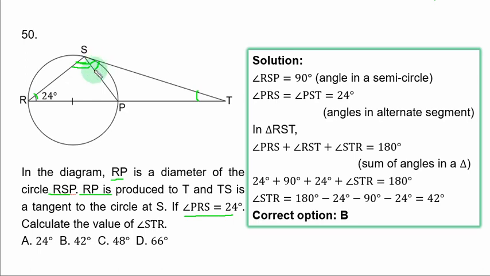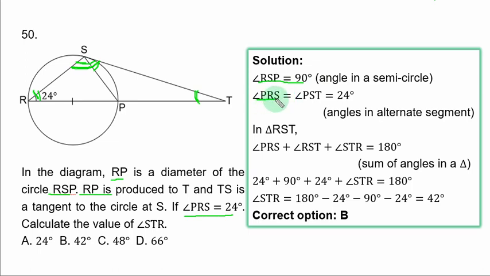Then this angle here is equal to this angle, that is angles in alternate segment. So the whole of this angle now is 90 plus 24 plus this 24 plus this angle. The sum is equal to 180. Alright, so angle RSP is 90 degrees, angle in a semicircle because RP is a diameter.